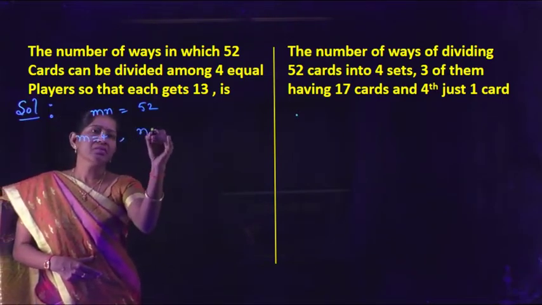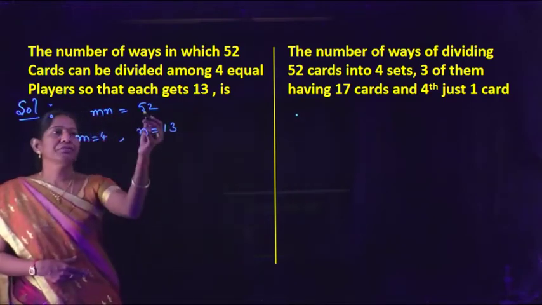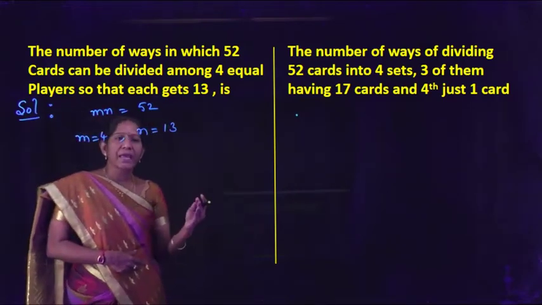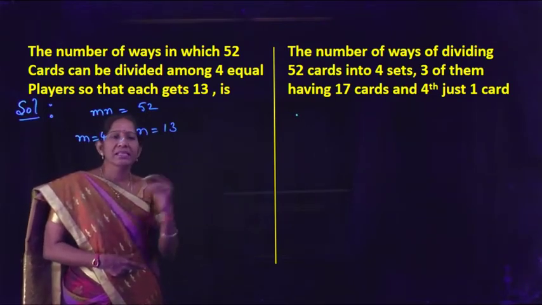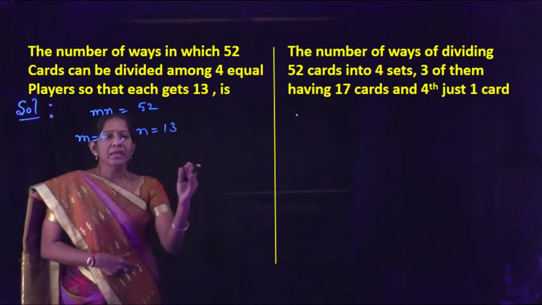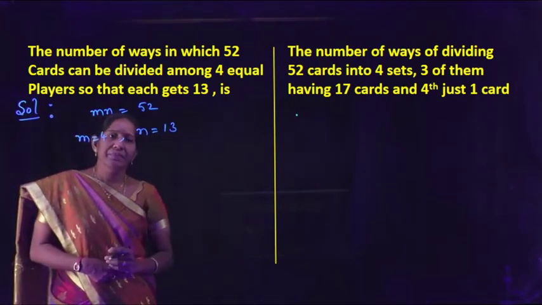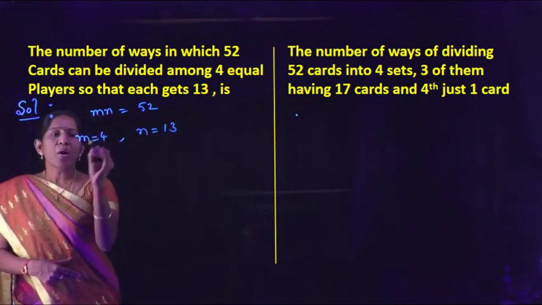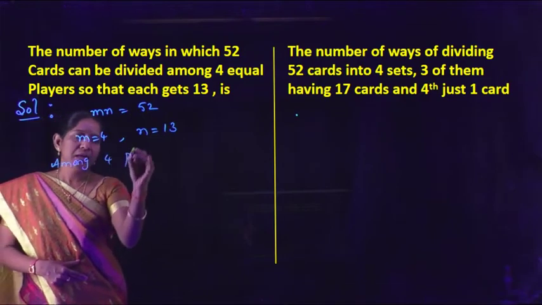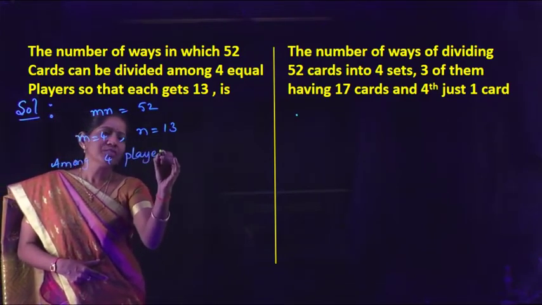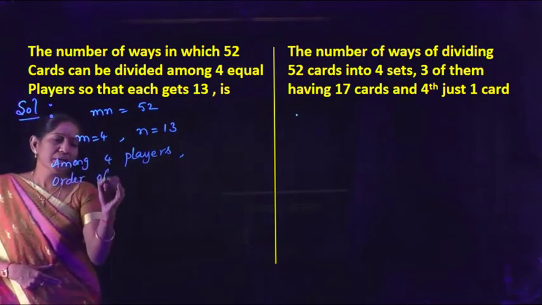If m is equal to 4, then n is 13 obviously. Each gets 13, that means n is 13. Then among 4 players means order of groups is important here.